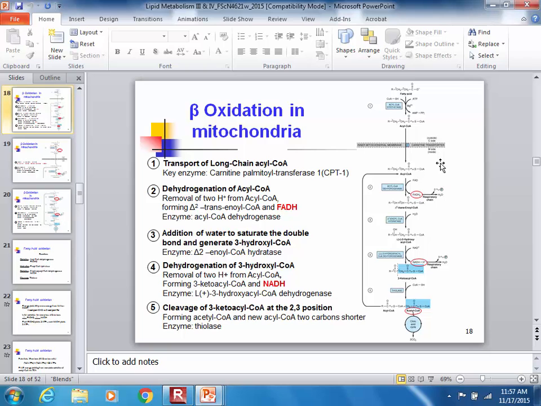Remember how SREBP controls HMG-CoA reductase? SREBP, the transcription factor. You just need to know how cholesterol regulates SREBP activity, right? So SREBP increases the transcription of HMG-CoA reductase.